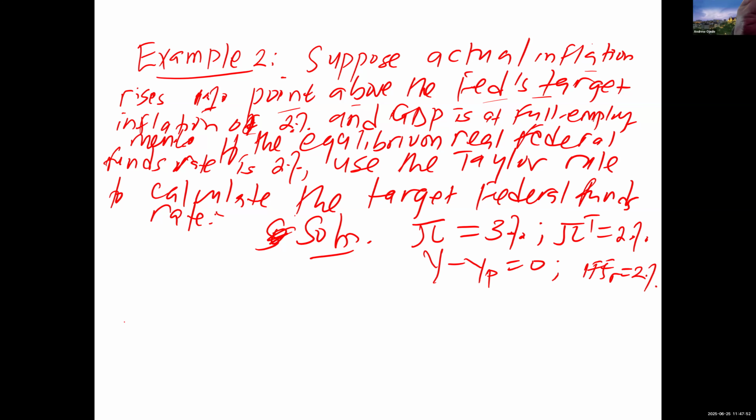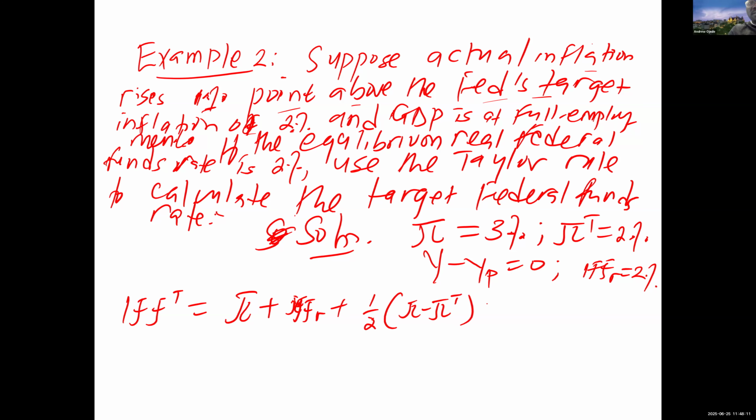So we use the formula. According to the Taylor rule, the target federal funds rate should equal actual inflation, plus the equilibrium real federal funds rate, which is given, plus 1/2 times the inflation gap, which is pi minus pi t, plus the output gap, which is Y minus YP. Remember, actual inflation is 3%.